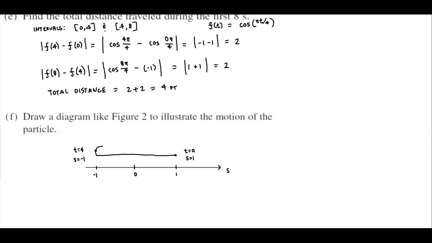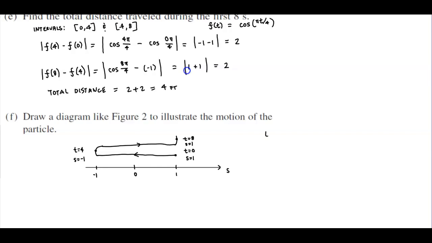And then what happens when t is equal to 8? Well, when t was equal to 8, we got a +1. So it was going in this direction, and then it was going back to this direction. And that was when t was equal to 8, we said that s was equal to 1.